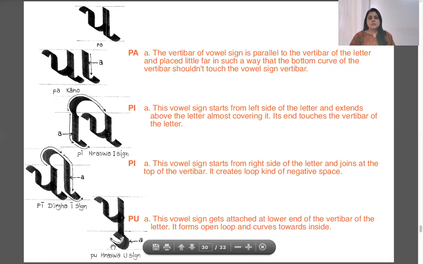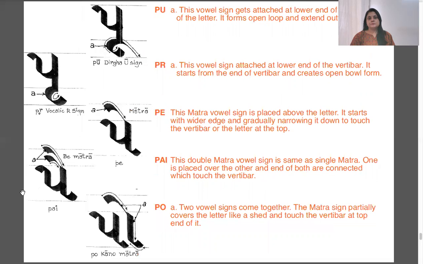Now this is Harswa U sign. This vowel sign gets attached at the lower end of the vertebra. It forms an open loop and curves towards inside. Now this is Dirgha U, which is the same as Harswa U, but this forms an open loop and extends outwards.